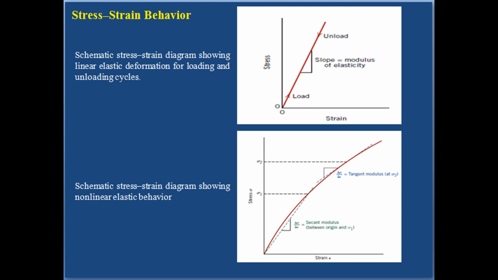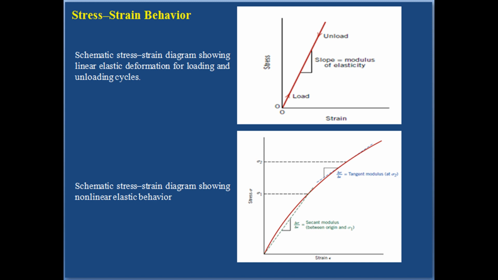Now we are going to repeat what is elastic deformation and its information. Deformation in which stress and strain are proportional is called elastic deformation. A plot of stress versus strain results in a linear relationship as shown in figure.